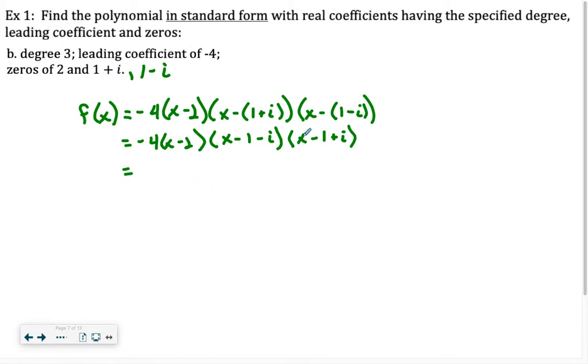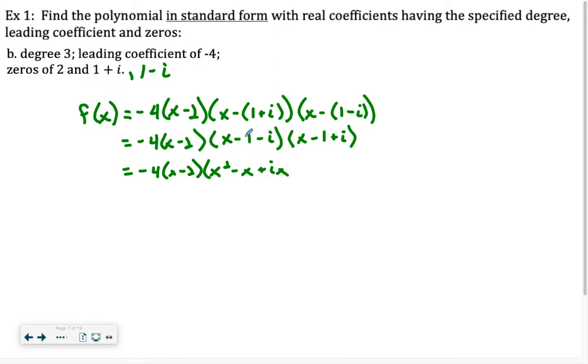So now I want to multiply my two imaginary roots together. Now this is a trinomial times a trinomial, so I'm going to have a few more factors to keep track of. All right, so I'll multiply this first term by all three of these first. So x times x is x squared, x times negative 1 would be negative x, x times i would be ix.